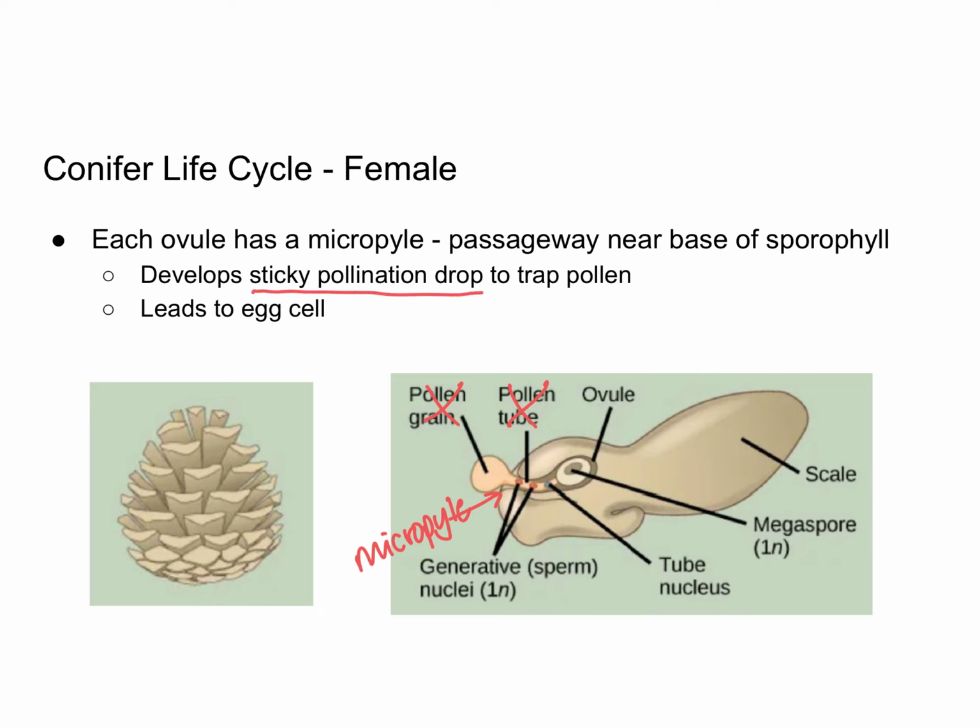And this helps to trap pollen. So when pollen sticks to that pollination drop, it starts to form this pollen tube, which ultimately delivers the male gamete to the female gamete. So this delivers the sperm from the pollen to the egg in the ovule.